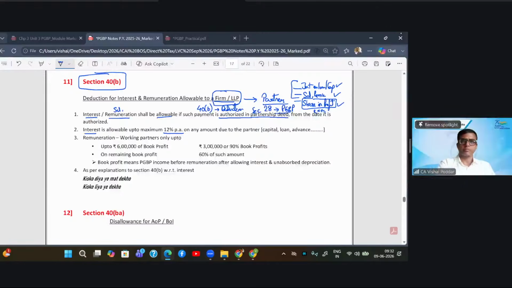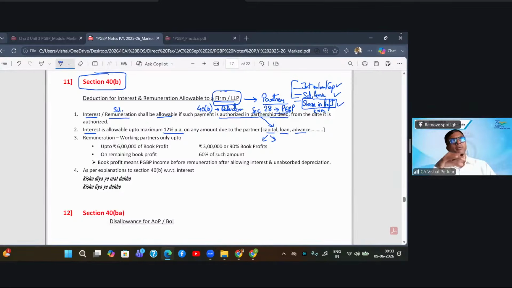Is this clear? Now, the interest may be paid on the capital of the partner. Capital may be fixed or fluctuating. It may be on loan, it may be on advance, whatever it may be. But remember one thing, it should be authorized. So your partnership deed should specifically say it will be on loan, on capital, on fixed capital, circulating capital. Whatever your partnership deed has not said, we will not allow that deduction at all.